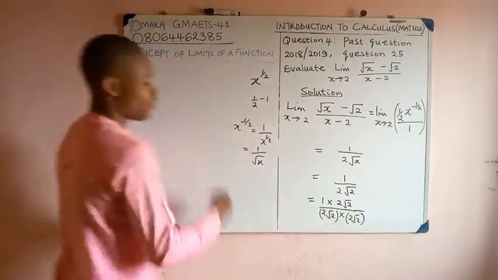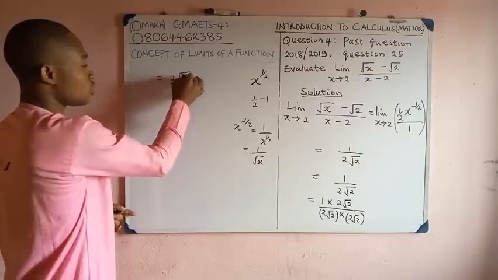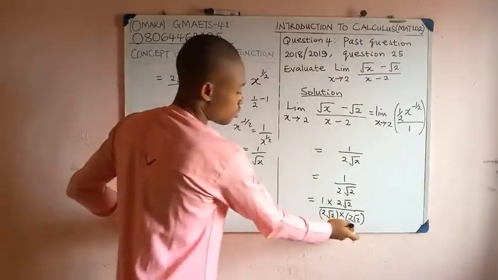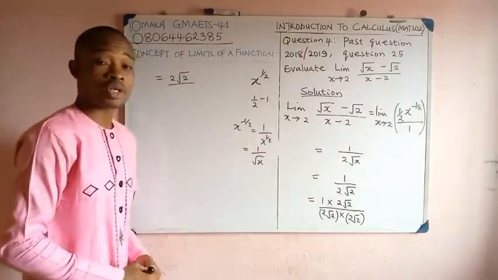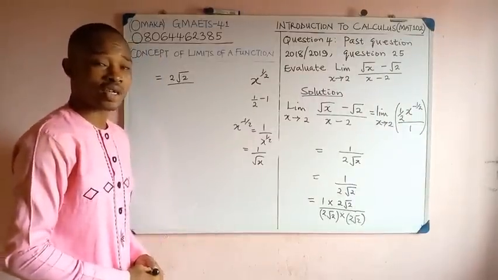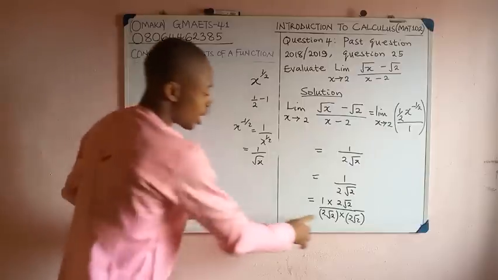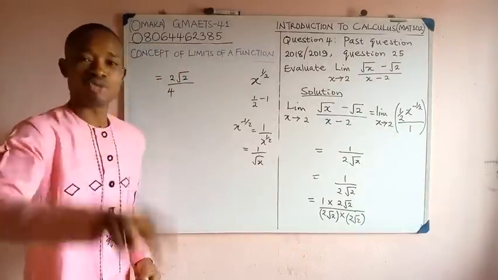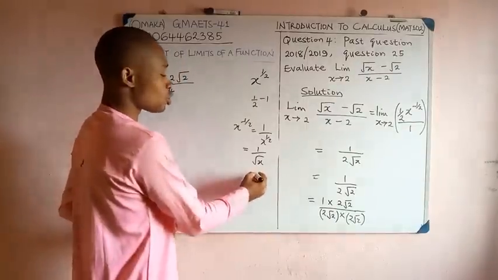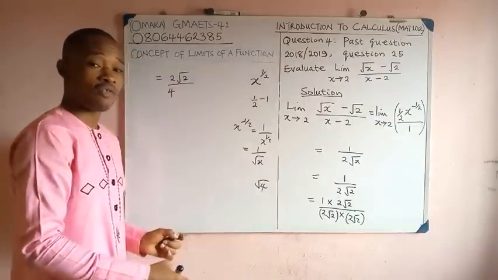Good. Simplifying this further, let's see what we're going to get. This will give us 2 root 2 all over, to multiply this, you're going to do 2 times 2. That is the number that is not inside the root, the non-surd part. 2 times 2 will give us 4. And then you multiply out the surd part. Root 2 times root 2 will give you 2. Do you know why? Root 2 times root 2 will give you root 4, because 2 times 2 inside the root will give you 4.